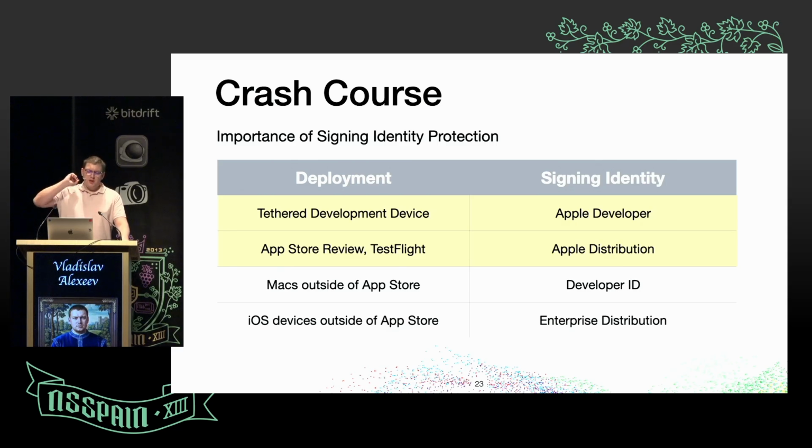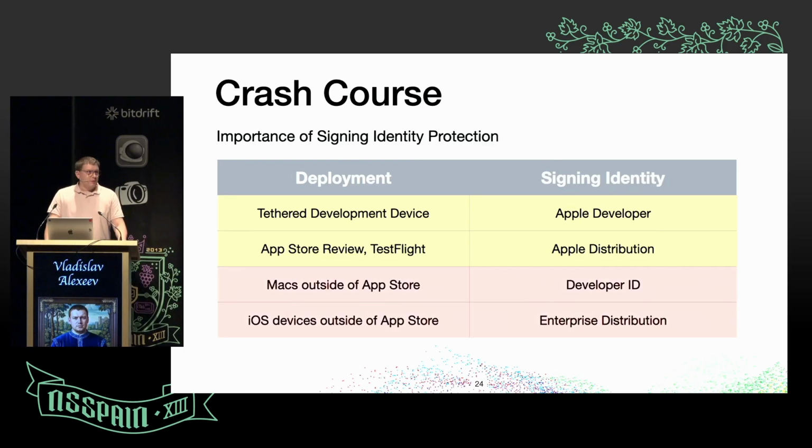For example, if the developer private key is leaked, or even the distribution private key, which you use to publish to the App Store, probably not a very big deal, because a hacker would need access to the account to submit to the App Store. I mean, it's bad, but you can just revoke the cert, make sure you change the account password, stuff like that, and you're good to go.